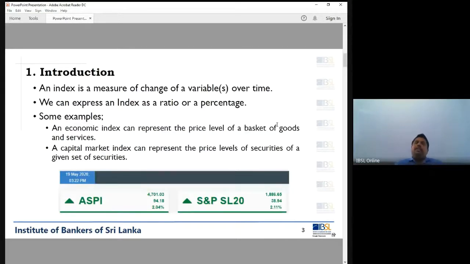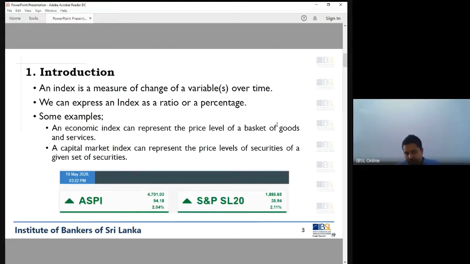Right. So the broader meaning of an index is a very simple thing. It is a measure of change of a variable over time. So when I use the word variable, the word itself has a meaning of it is going to change or it is going to vary from one point to the next point.